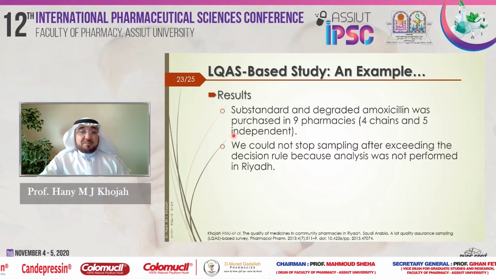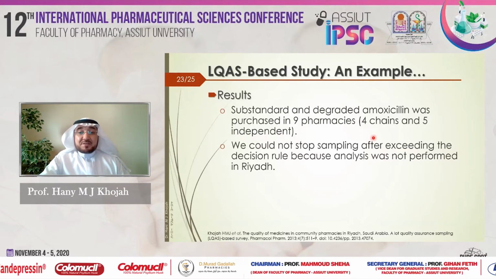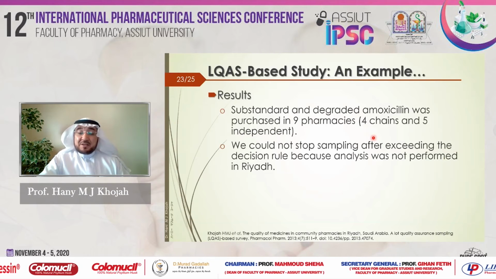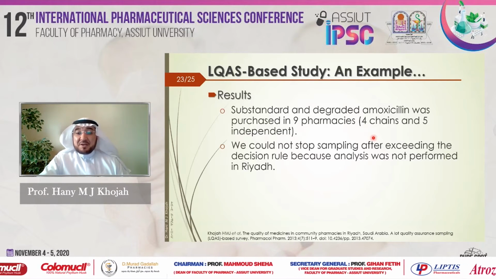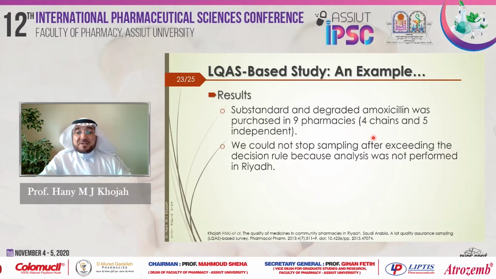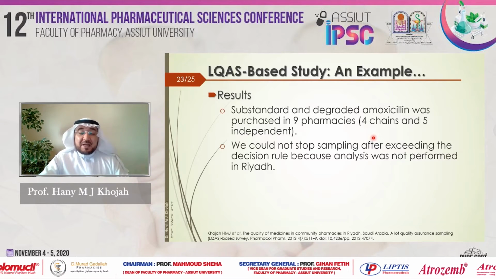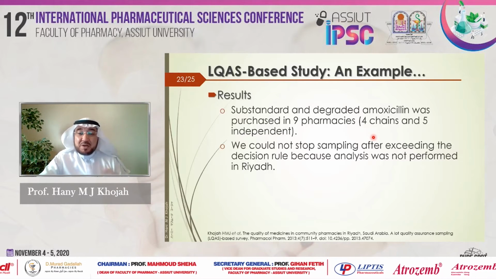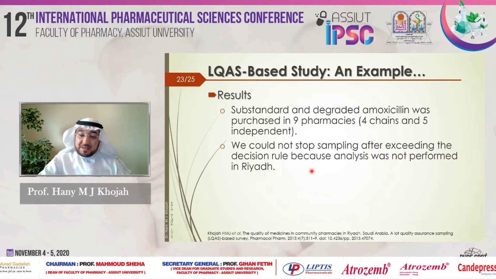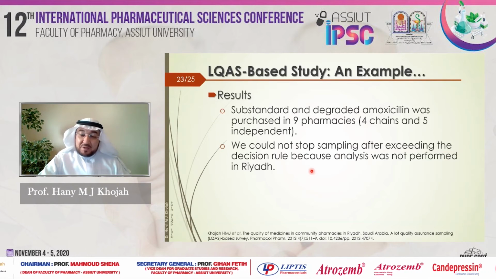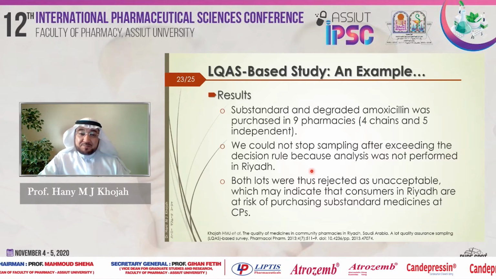Unfortunately, also during sampling, I could not stop sampling because I just collected samples. If I was having the X-ray machine or the infrared, whatever, so I can check on site. Once I reach the decision rule, I can stop. So there's no need to continue to waste money and time. But I couldn't do that because I had to collect the samples and take them with me to Japan for analysis.